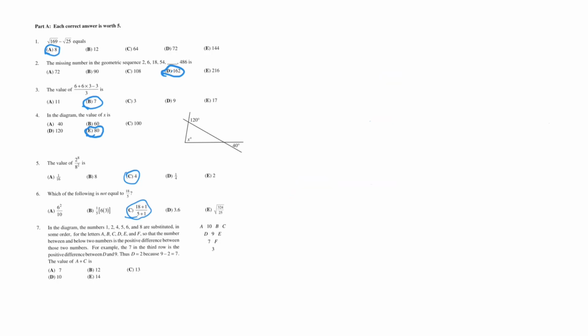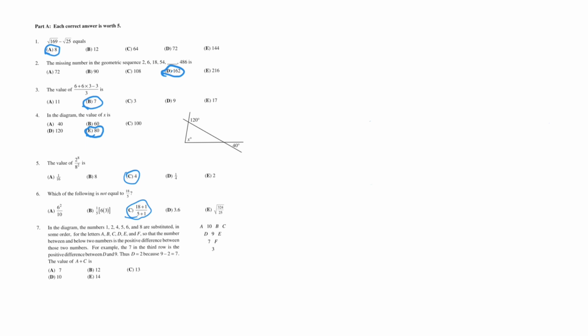Number 7, in the diagram, the numbers 1, 2, 4, 5, 6, and 8 are substituted in some order for the letters A, B, C, D, E, F, so that the number between and below two numbers is the positive difference between those two numbers.